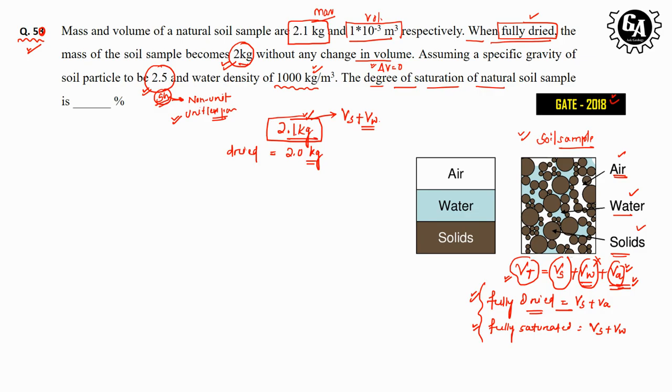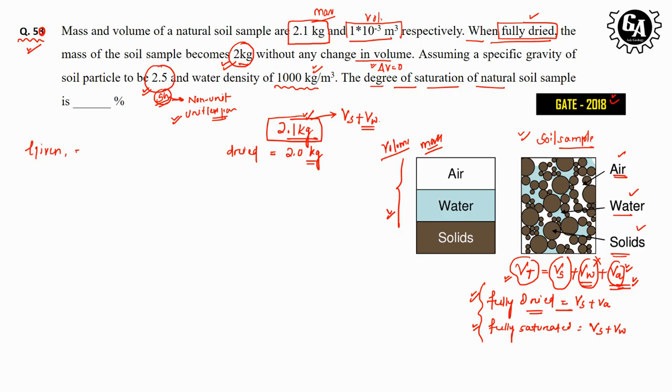That's why this 100 gram extra is there. Another thing is that air is massless, air has no mass. In the next slide I will tell about this, but let's finish the numerical first.